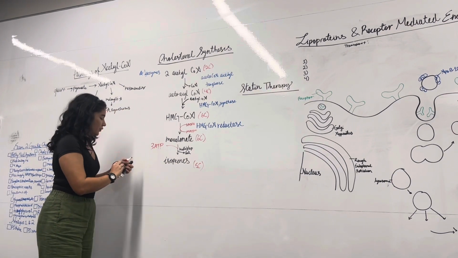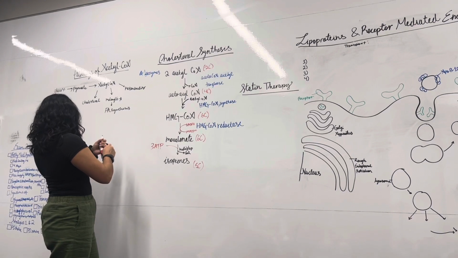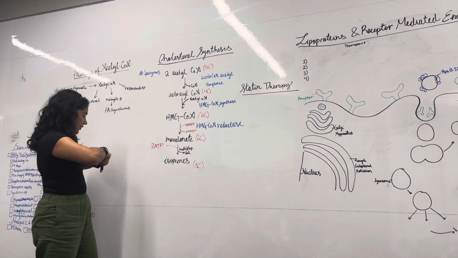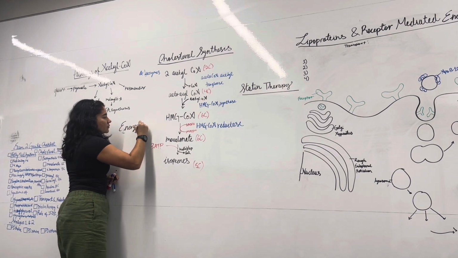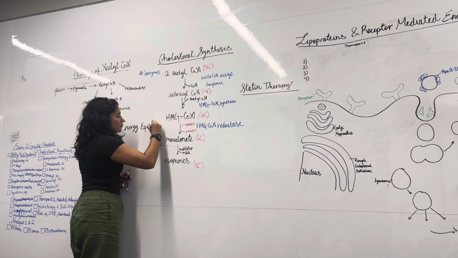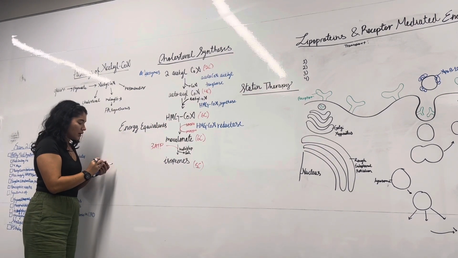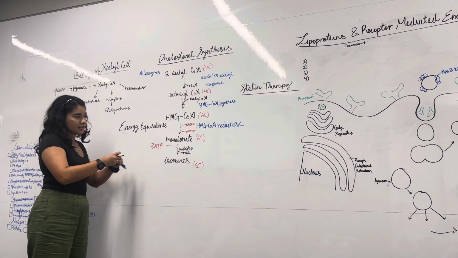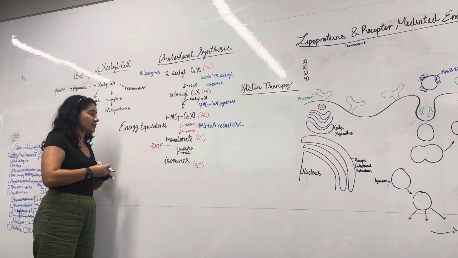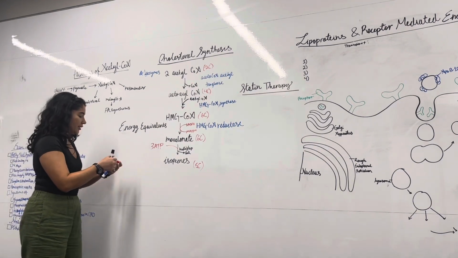Okay, so we'll talk about, I think that was probably in the quiz, just briefly about energy equivalence. You guys remember he asked us in the homework and in the quizzes how many, let's say, ATP molecules or acetyl-CoA molecules it takes to make a specific intermediate or cholesterol, right?